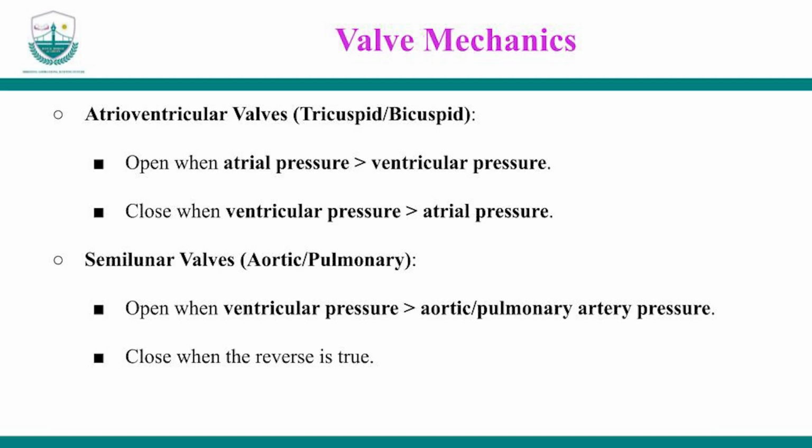These are two: the aortic valve and the pulmonary semilunar valve. The aortic valve leads to the aorta, and the pulmonary semilunar valve leads to the pulmonary artery.